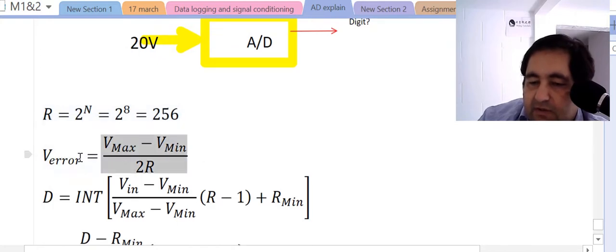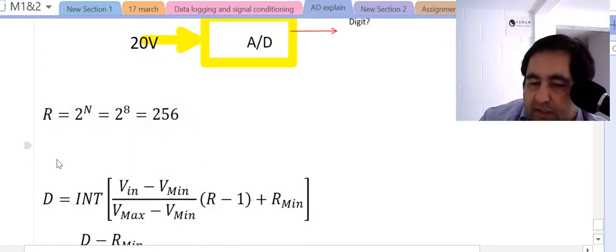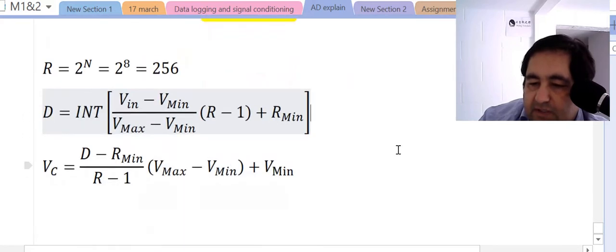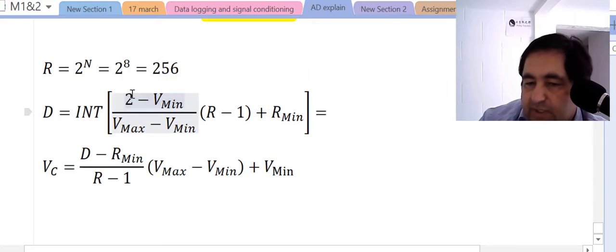I don't want the error in this question. Instead, I need the digits. So how much is the digit? The digit is going to be the integer of Vn. How much is Vn? Vn in this case is 20 volt, the input voltage.